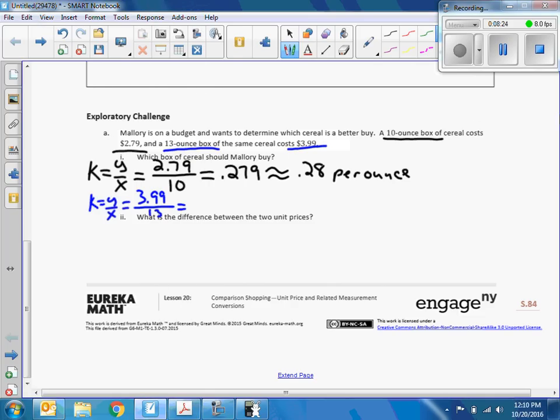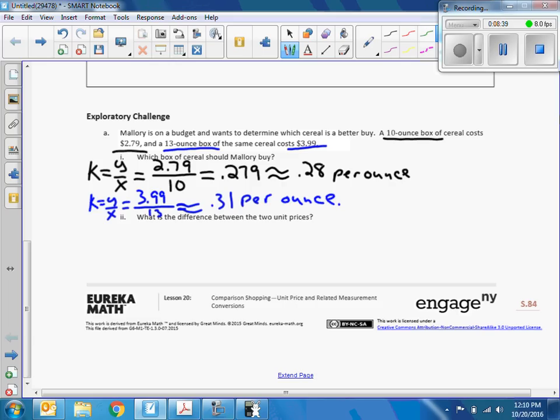All right. So that is, I'm going to put an approximate equal sign, 0.31 dollars, or 31 cents per ounce.